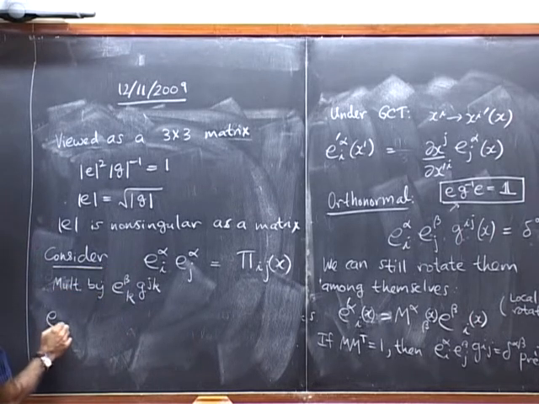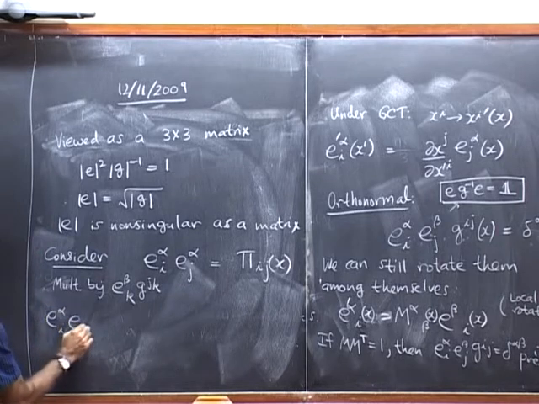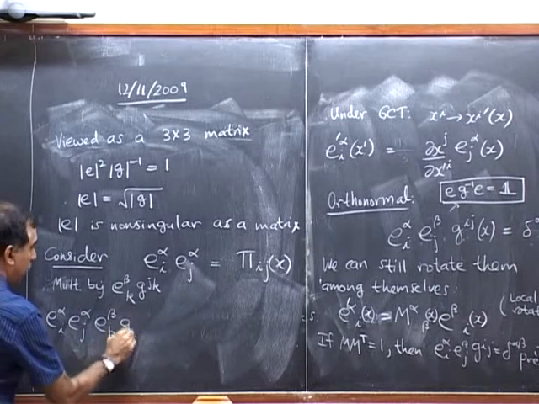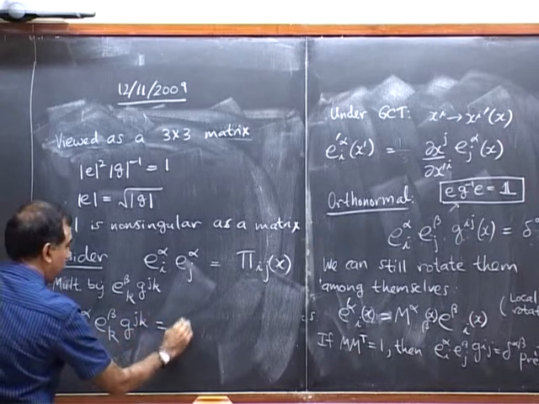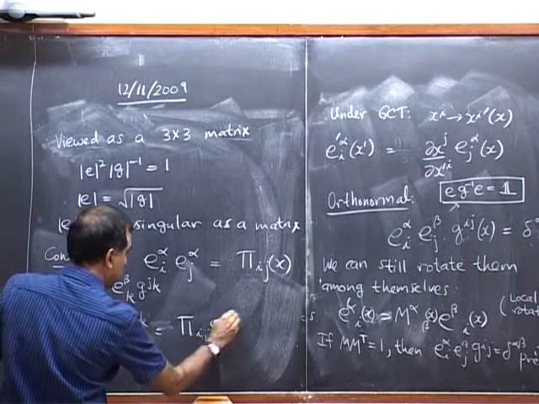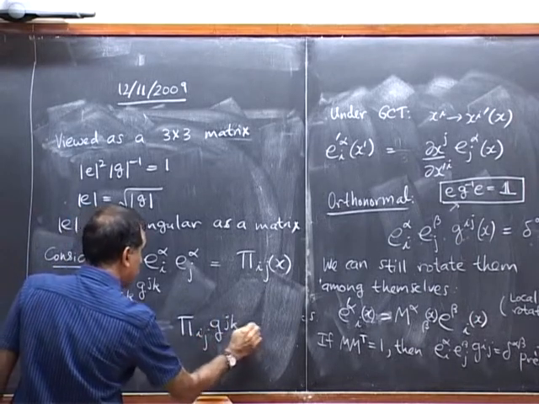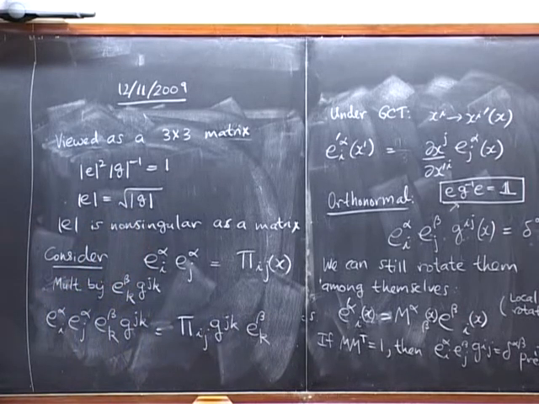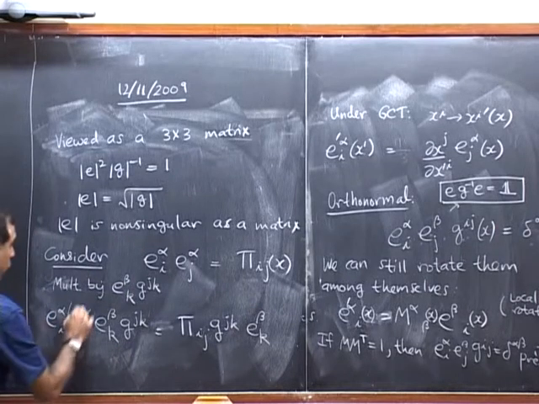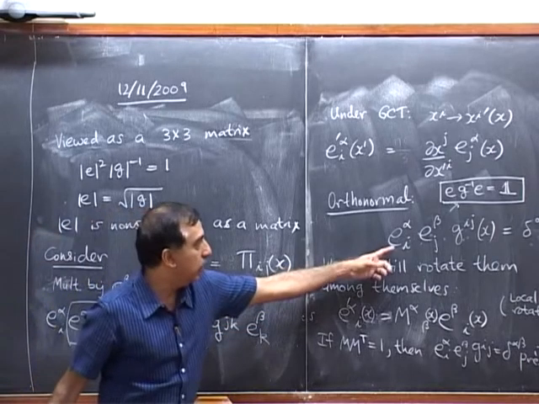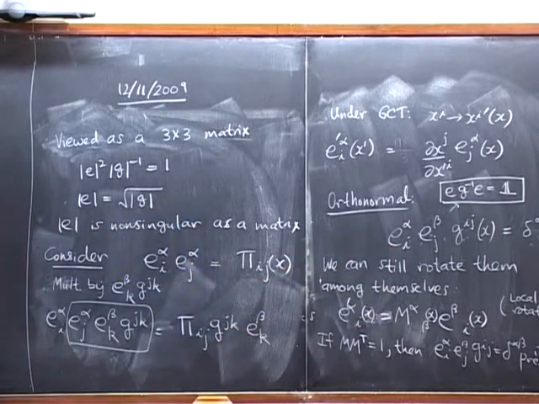So we have E I alpha, E j alpha, E k beta G j k is equal to pi I j G j k times E k beta. Now here I can take this stuff and use this equation. So what does it become?